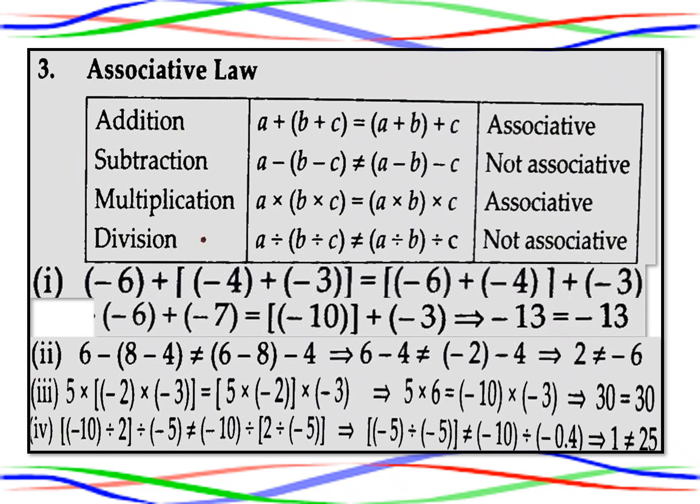So both ways it is true. You should show both the ways. So that is true for rational numbers also here. You should be proving both LHS and RHS separately within the bracket, calculation, etc., with detailed steps. Similarly, for division it is not true. That is also proved. You will get one answer for LHS, another answer for RHS.